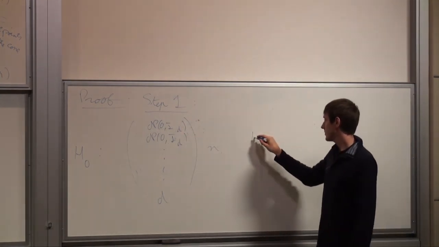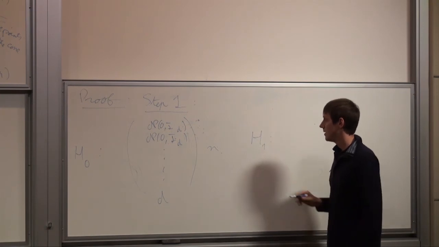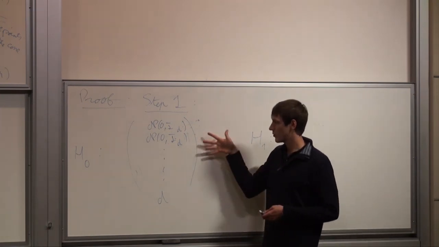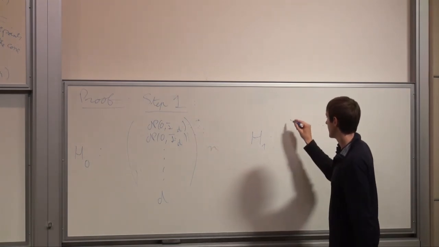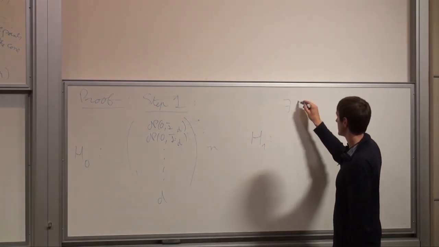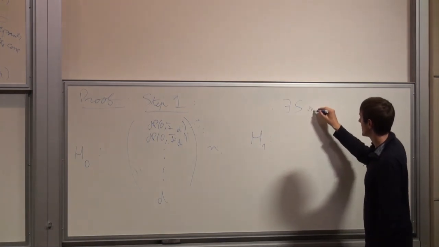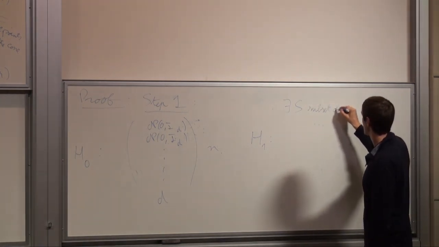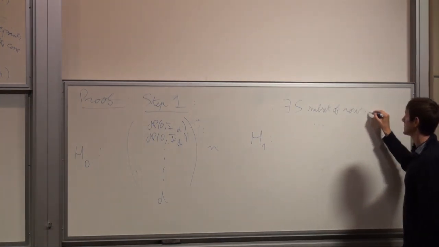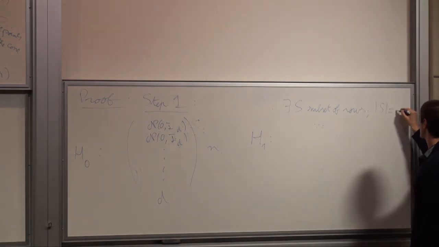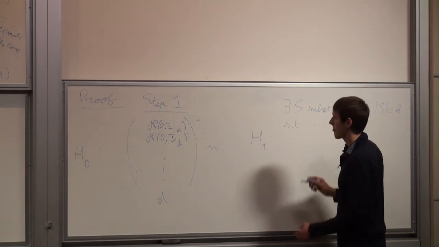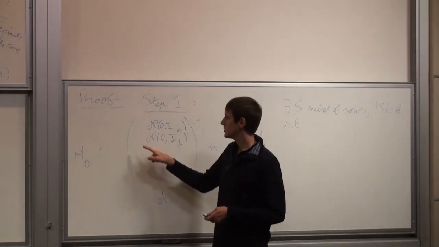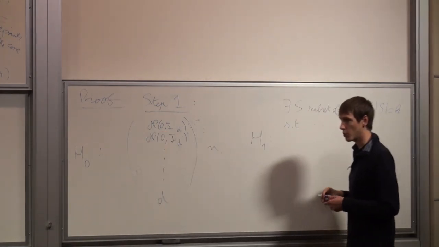And my alternative is going to be that there is a subset of rows which are correlated. So my alternative is that there exists S, a subset of rows, let's say of cardinality K, such that coordinate by coordinate they have a covariance of rho.